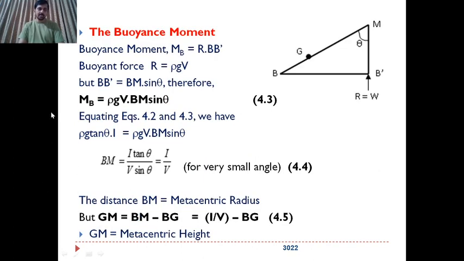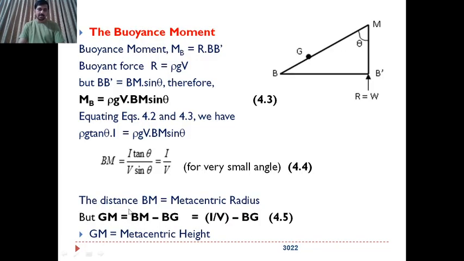Finally, using trigonometric relations, we will get the metacentric height GM as BM minus BG. What is BM? B is the center of buoyancy, M is the metacenter, G is the center of gravity. So GM you will get as BM minus BG, or in terms of moment of inertia and volume, you can write I by V minus BG.